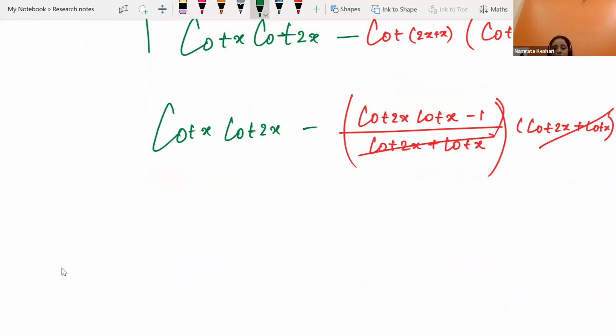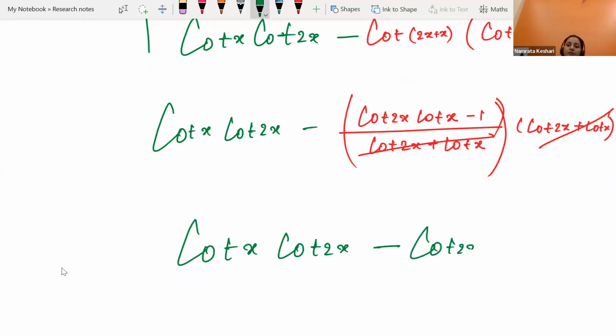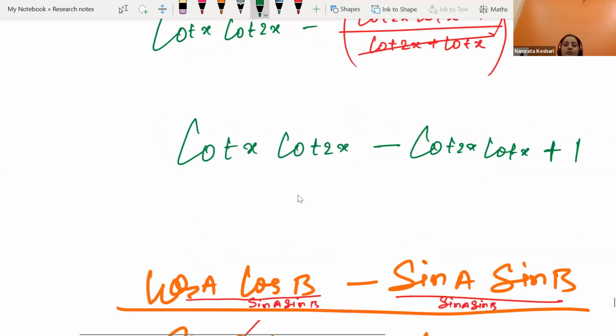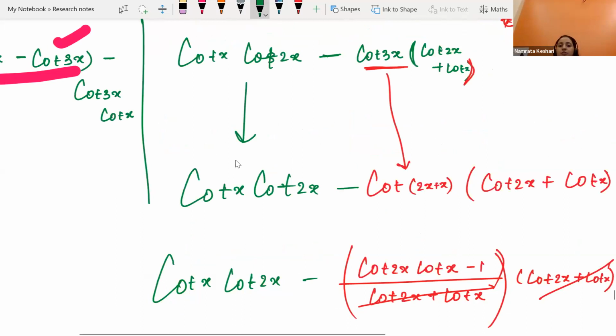Cot x cot 2x minus cot 2x cot x minus cot 2x cot x. Minus 1 was there in the bracket, but when we open the bracket, it will be plus 1. Yes, ma'am. And can we say we are done with having just 1? Yes, ma'am.